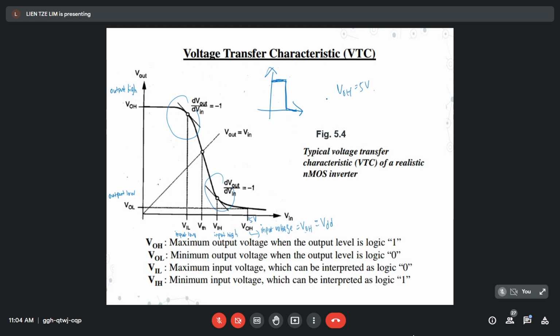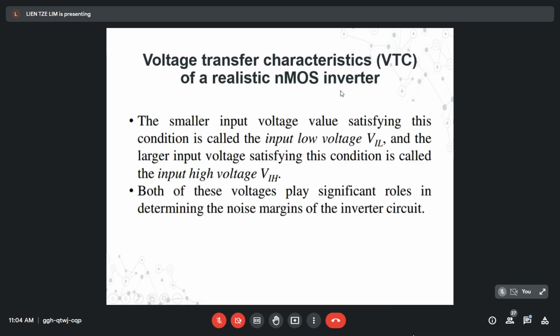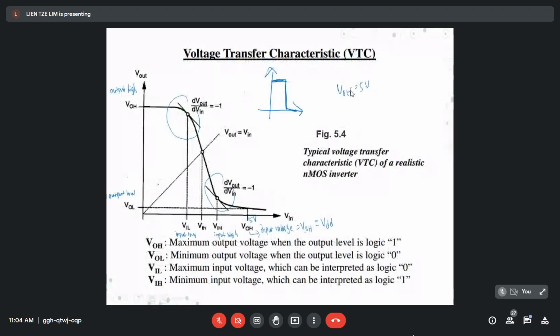If VOH is not given, only given with VDD 5 volt, then we should know that this VDD is also the VOH. Straight away we know how to label the graph.